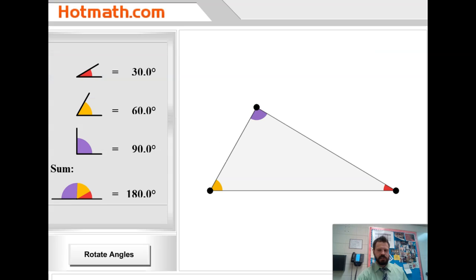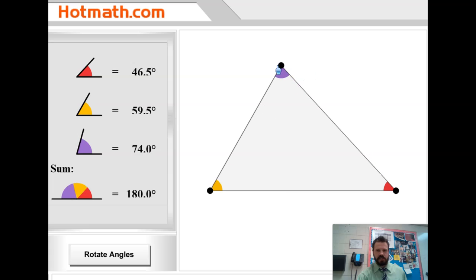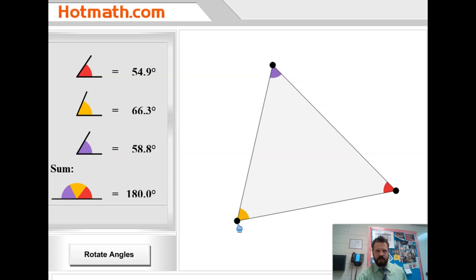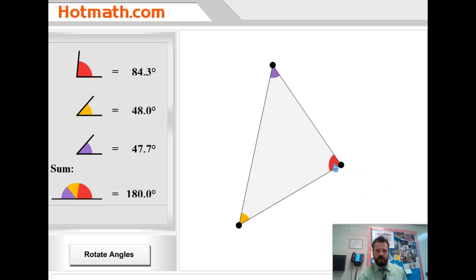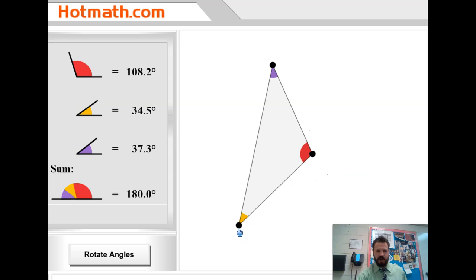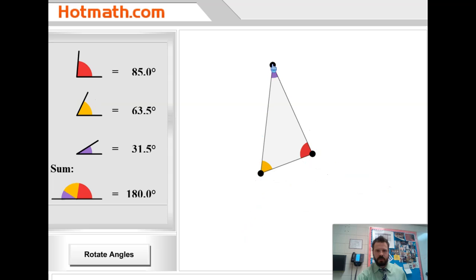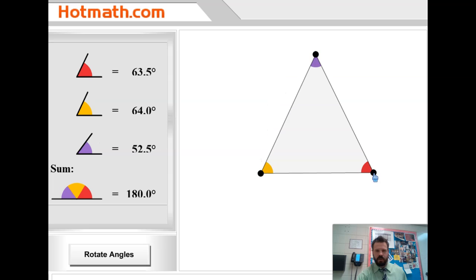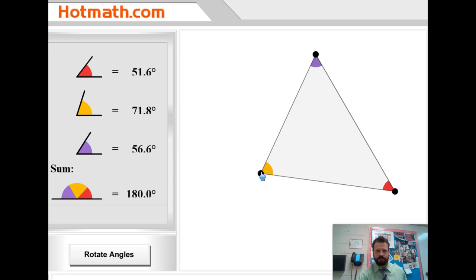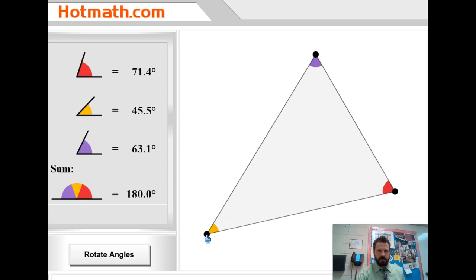All right, so let's experiment with triangles a little bit. What I have on the screen is a dynamic triangle, something where I can adjust the angles and the side lengths to make it a smaller triangle, like so, or a larger triangle, like so.